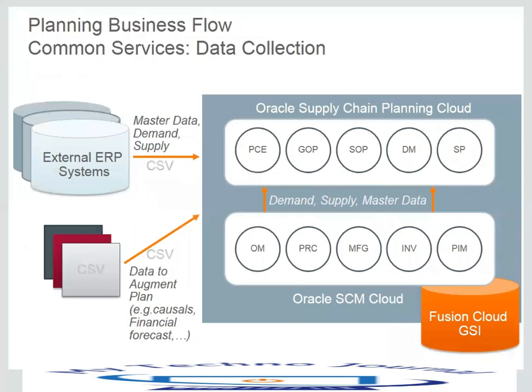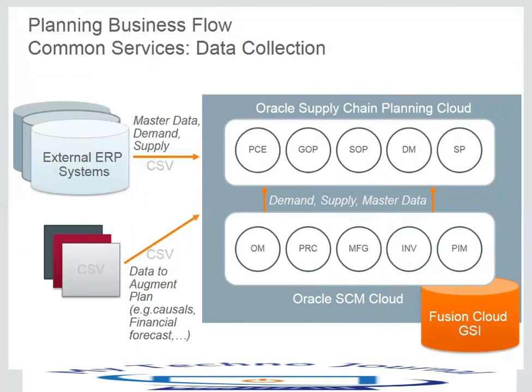Now, coming to the planning business flows, common services, for example, data collections. We have a detailed session, a complete lesson, meant only for data collection, wherein we will see in detail about it. But here you can just see that you collect the master data and all your transactional data.